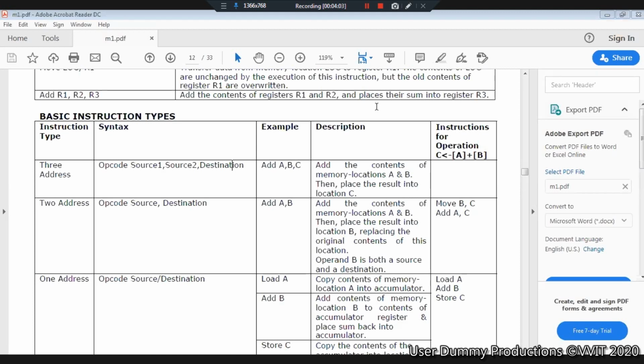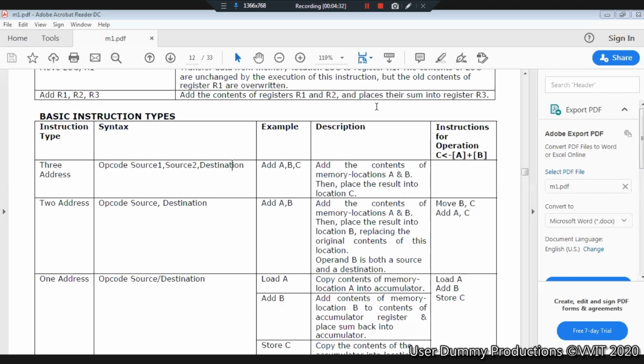You have the opcode, source 1 and 2, and the destination address. The values of sources 1 and 2 will be operated on and stored into the destination. Add the content of location A and B and put it in the destination C. That is what ADD A, B, C tells.